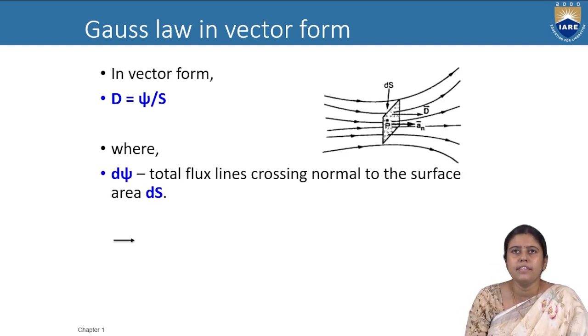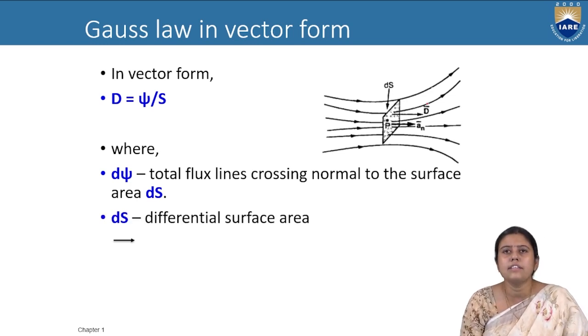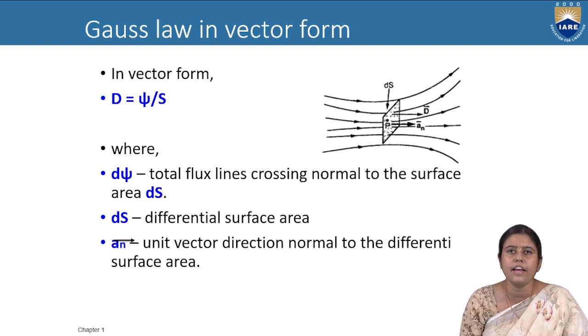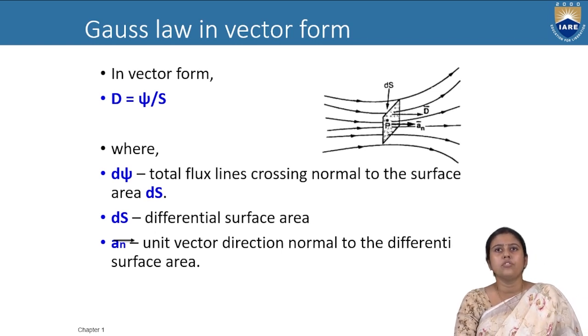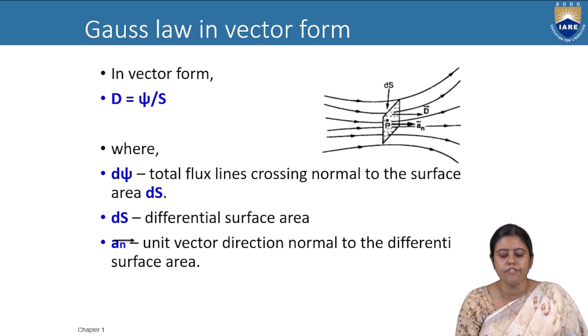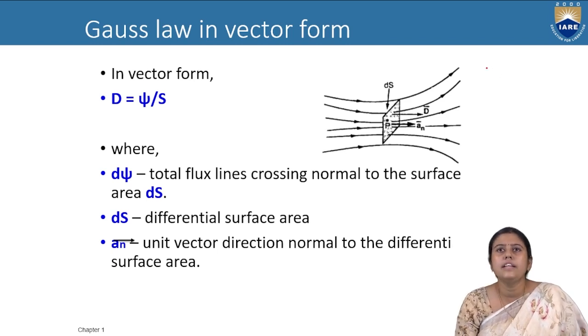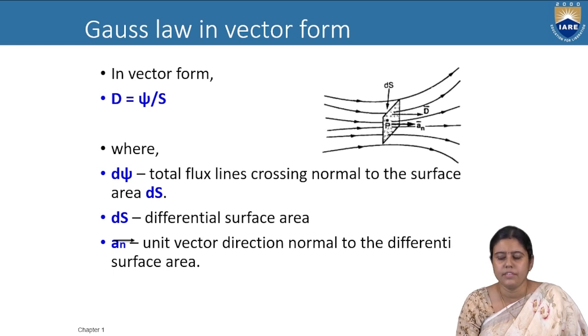So we can write d psi as the total lines of flux crossing normal to the surface dS, where dS is the differential surface area, and we write the unit vector as a_n. So this is Gauss law in vector form: D is equal to d psi by dS in the direction a_n, where a_n means normal to the surface.